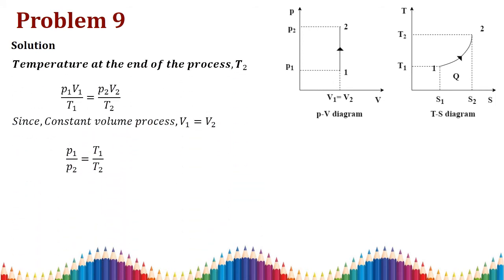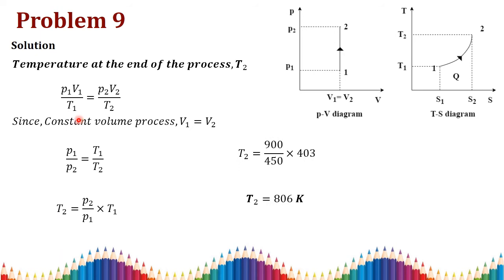First one, we need to find out temperature at the end of the process. So I am writing the PV-T relation. We know that PV by T is equal to constant. So we can write P1 V1 by T1 is equal to P2 V2 by T2. Since it is a constant volume process, we can cancel V1 and V2. So we can write P1 by T1 is equal to P2 by T2. For my convenience I am writing P1 by P2 which is equal to T1 by T2.